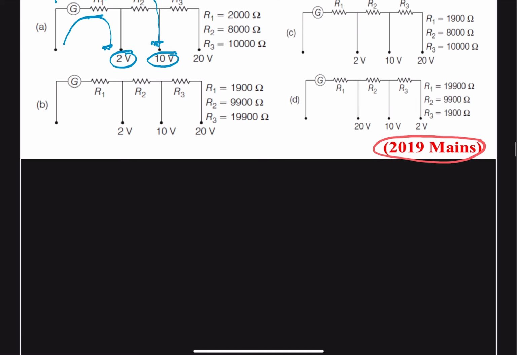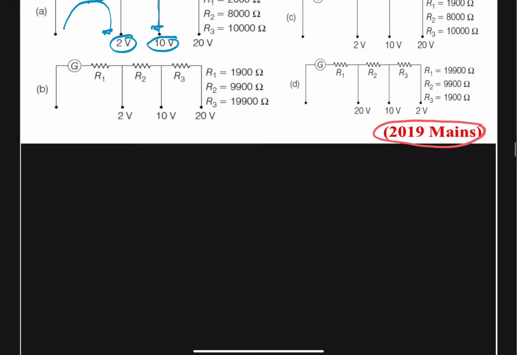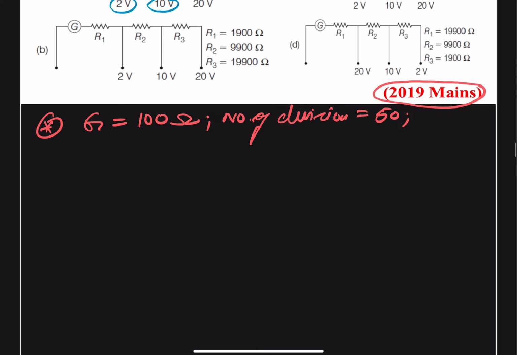So we are given the information that the galvanometer resistance, that is G, is given to us as 100 ohm, and number of divisions is given as 50, and sensitivity is 20 microampere per division, and the voltage range, there are 3 voltage ranges.